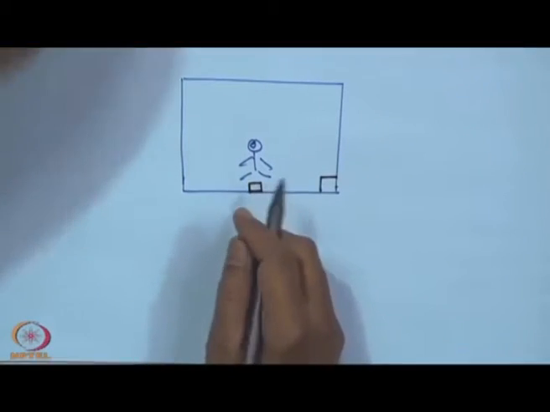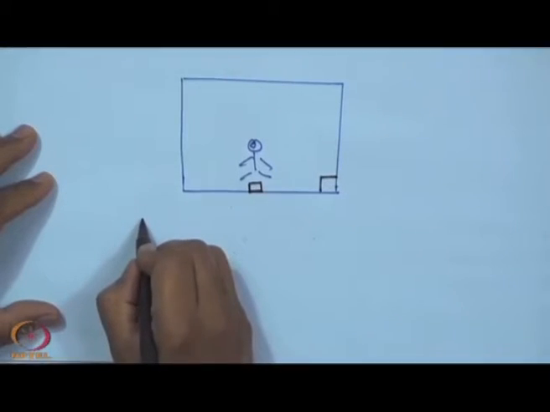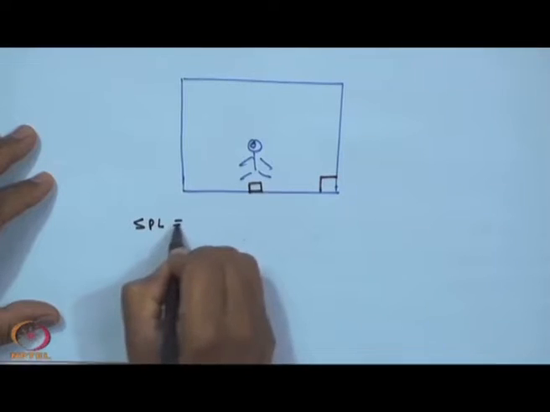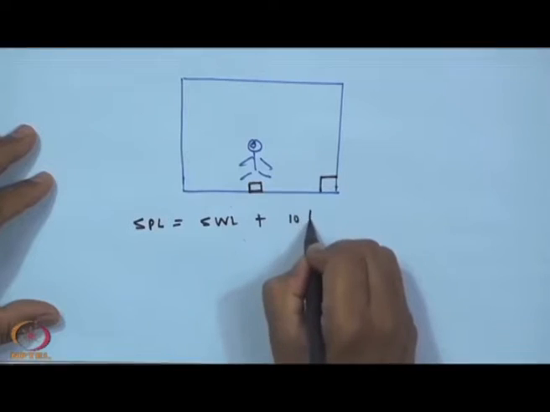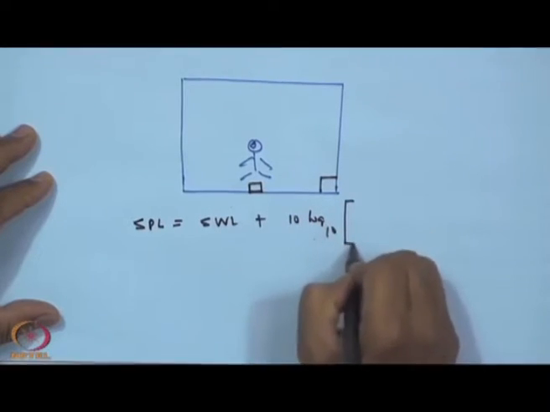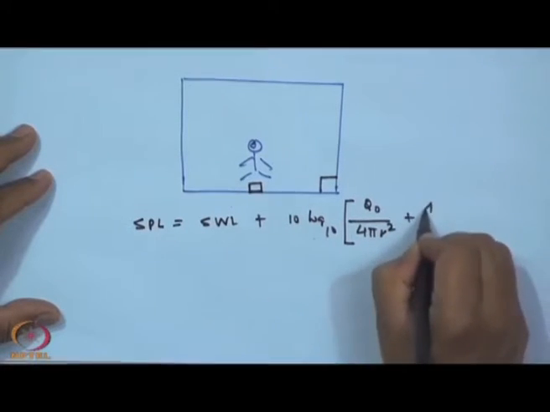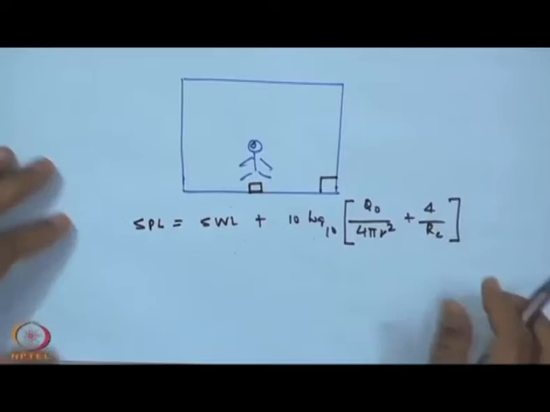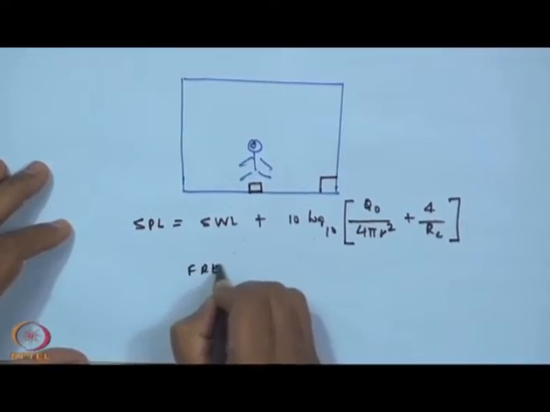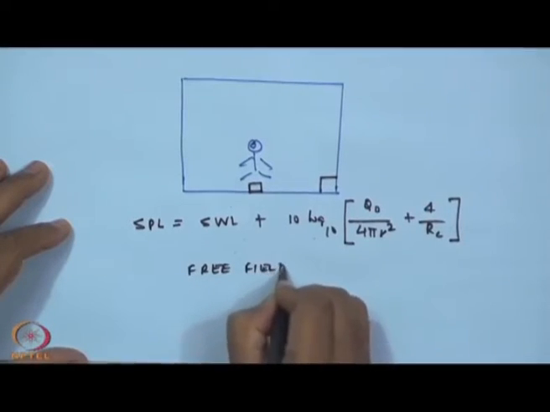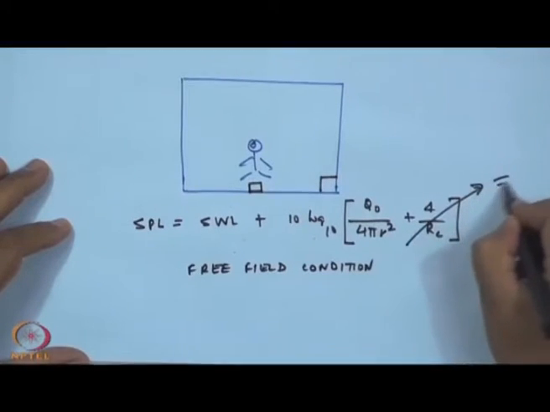So, in other words, if I come back to this problem, in this case SPL is equal to SWL plus 10 log 10 of (q theta by 4 pi r square plus 4 by R c). It has been told this is a free field condition. So, free field condition means this second term will vanish.